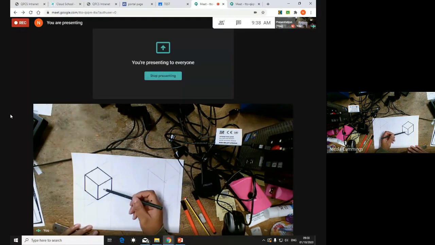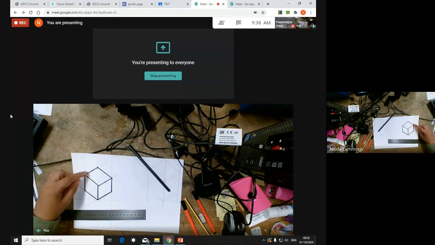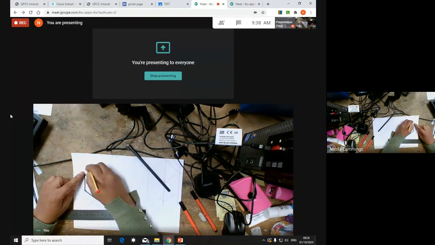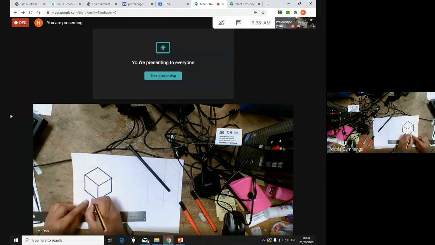Now, what I need you to draw is several cubes. So that is 4 centimeters by 4 centimeters by 4 centimeters.